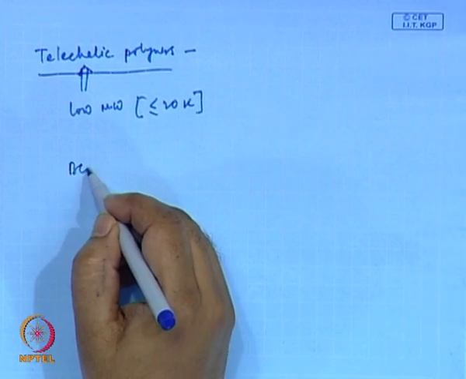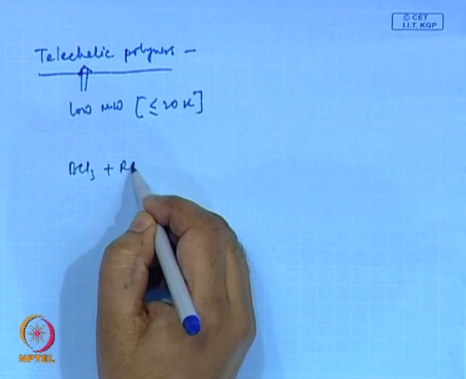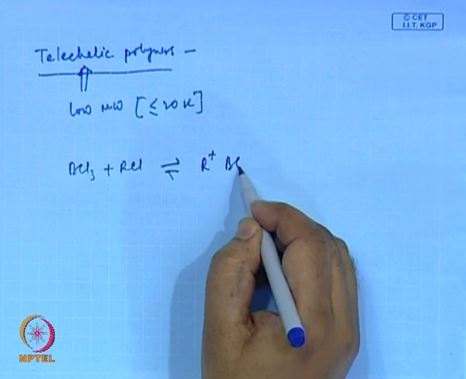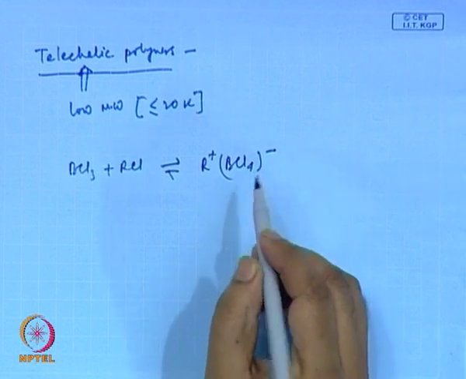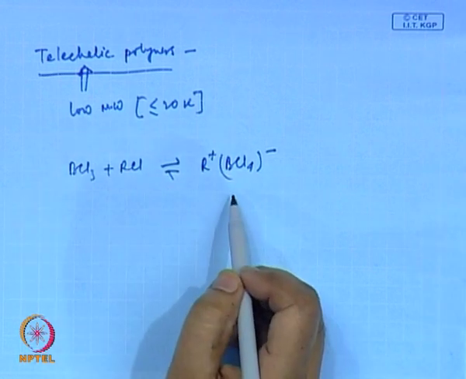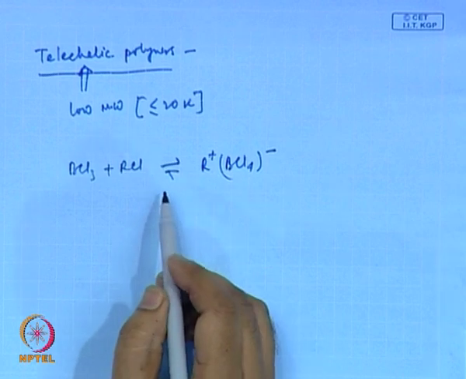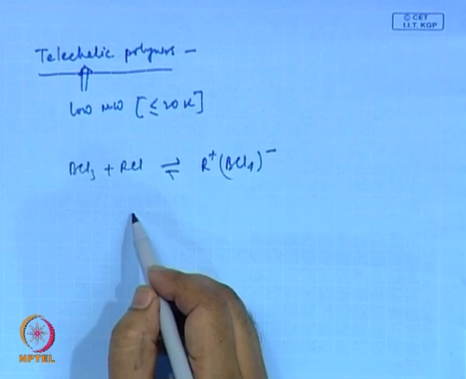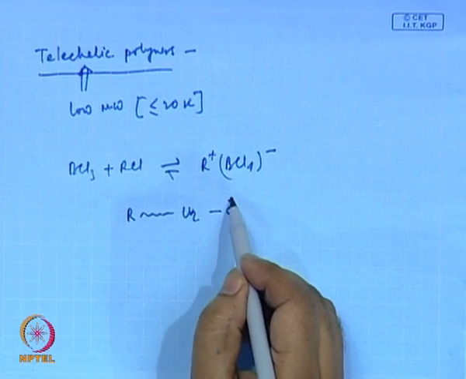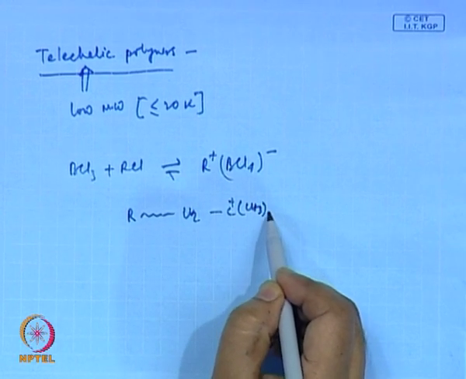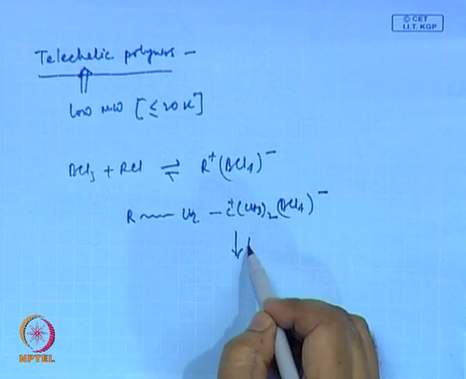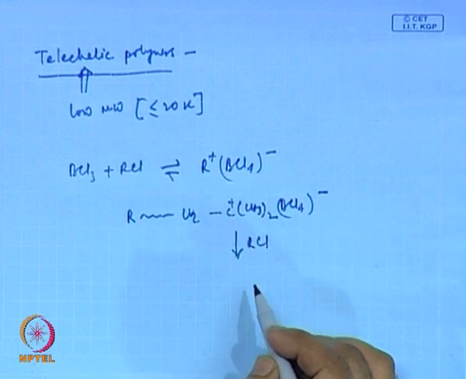For example, we take this general reaction. You can consider this reaction with isobutylene, and you get a propagating chain like this, which can again react with this alkyl halide.